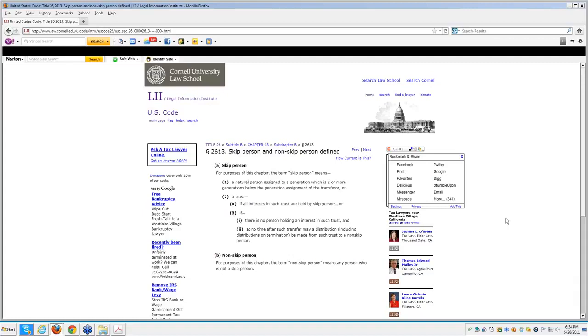So a skip person is a natural person or a trust. You need to write this down. 2613(a), a skip person means a natural person, number 1, or number 2, a trust.